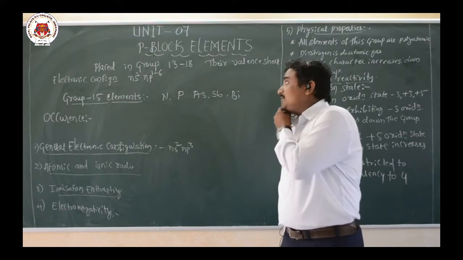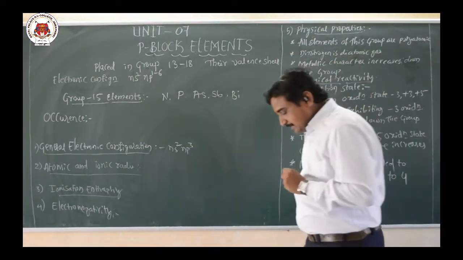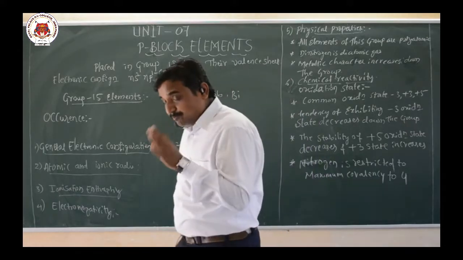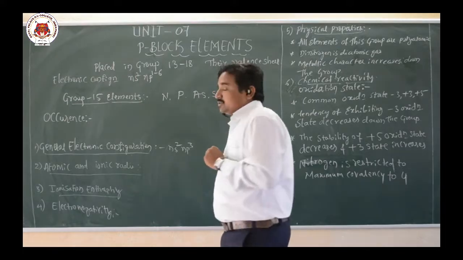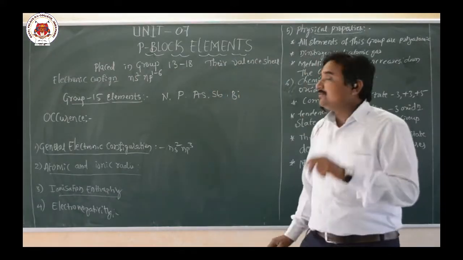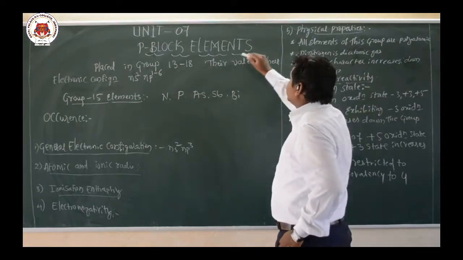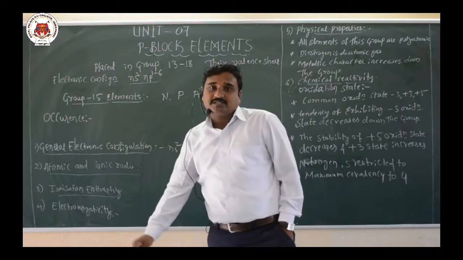Now the P block elements are generally placed in group number 13 to 18. The general valence shell electronic configuration of the P block elements is ns2 np1 to 6.